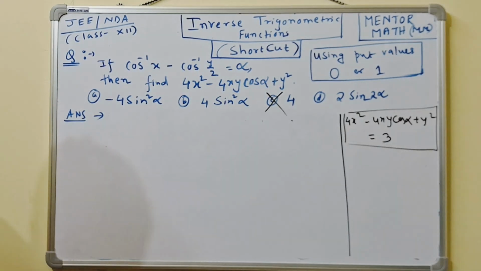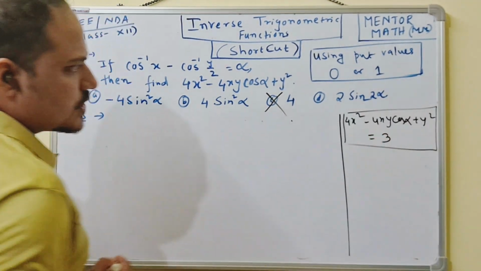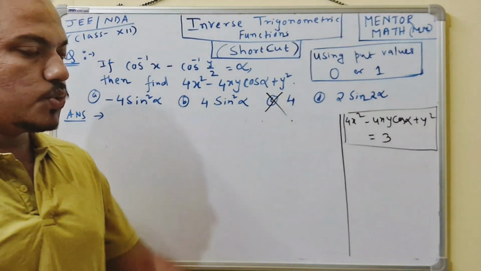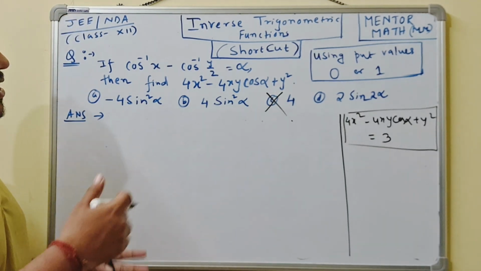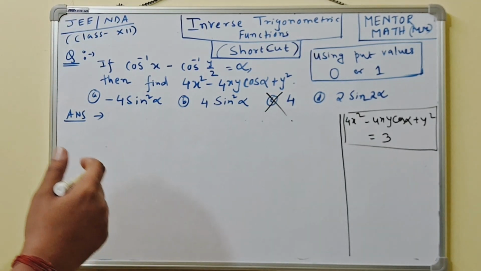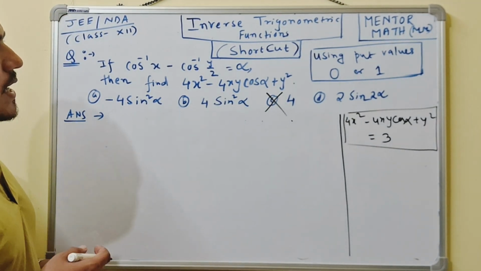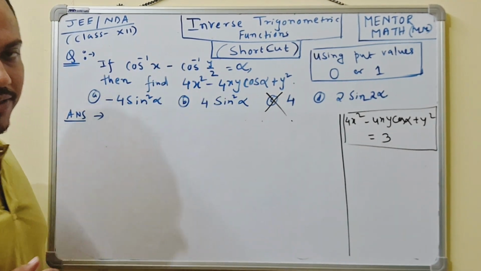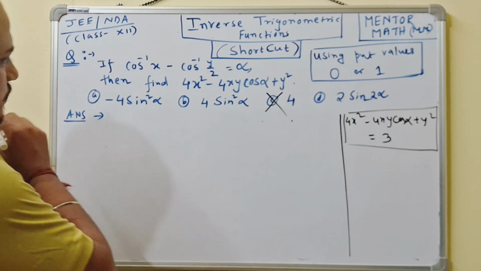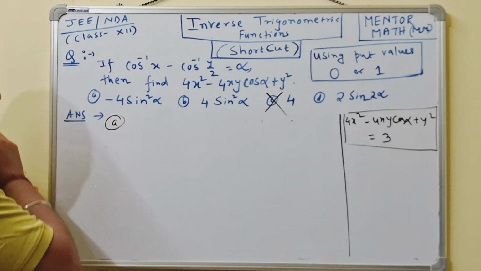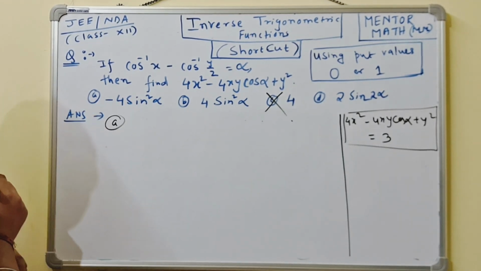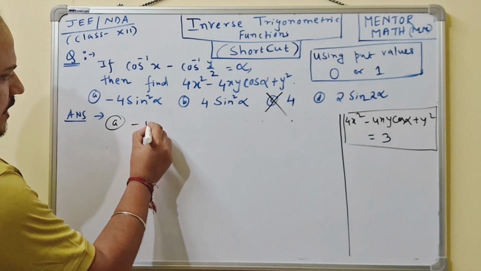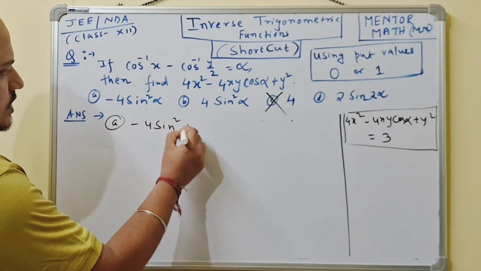Okay, now you got the value 4x² − 4xy cos α + y² is equal to 3 if you substitute x equal to 1, y equal to 1, as well as α equal to −π/3. So now look at this option. The first option you have to check is −4 sin² α.